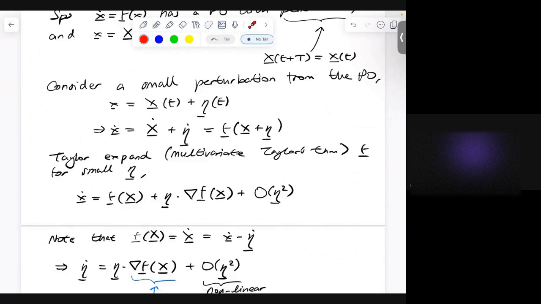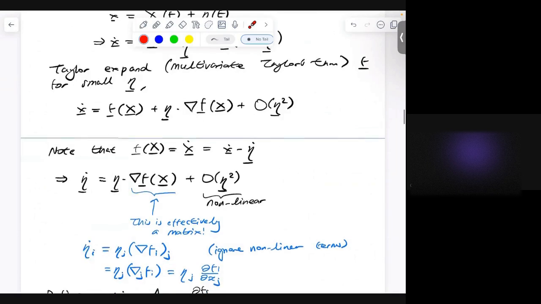We're going to call it eta. And we literally just take the derivative of x so that we can then use multivariate Taylor's theorem to expand f here for small eta. So we literally expand this thing.